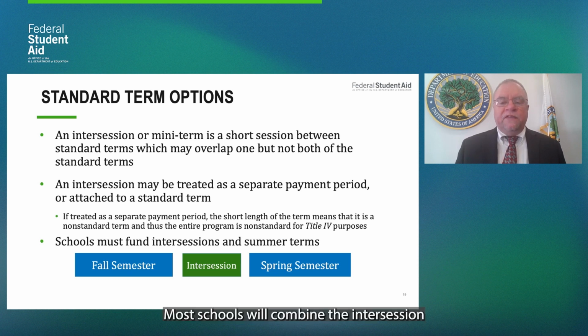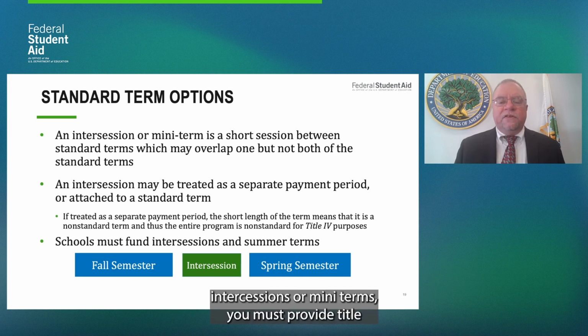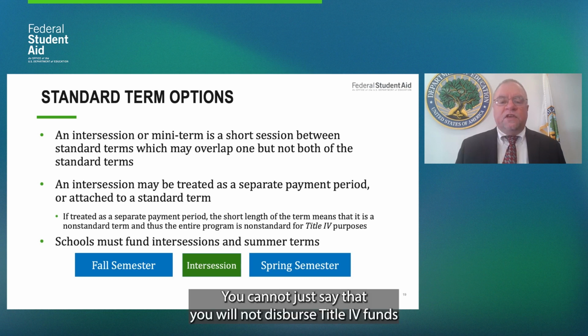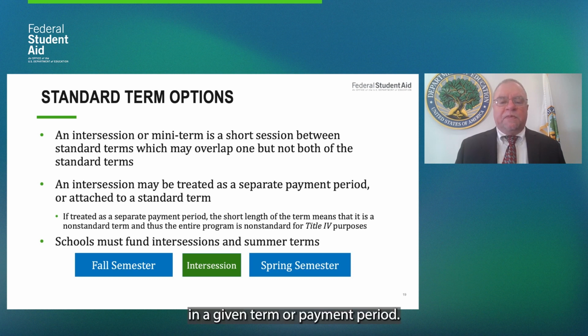Most schools will combine the intersession with a regular term for Title IV purposes, usually the term following the mini-term. If you have intersessions or mini-terms, you must provide Title IV funding to eligible students during these terms. You cannot just say that you will not disperse Title IV funds in a given term or payment period.